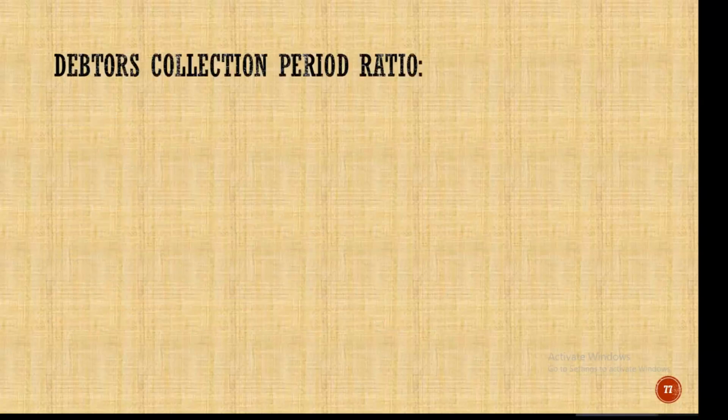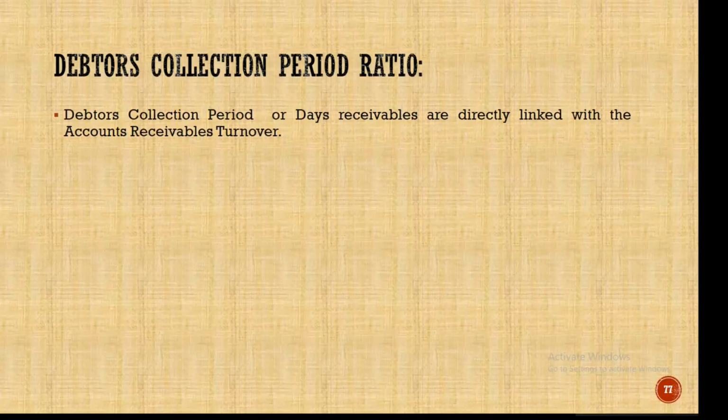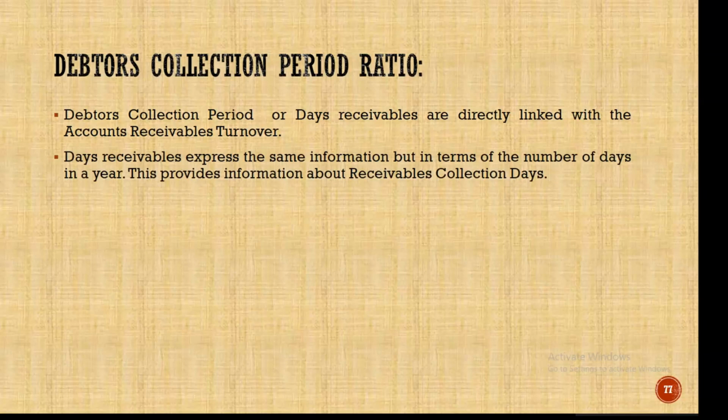Next is the debtors collection period ratio. This is also called days receivable and it is directly linked with the accounts receivable turnover. Days receivable expresses the same information but in terms of the number of days in a year. This provides information about receivables collection days.